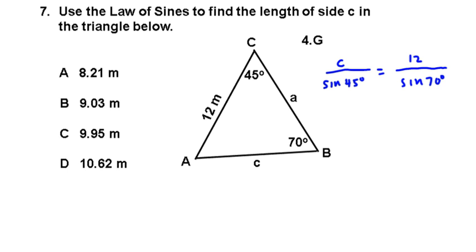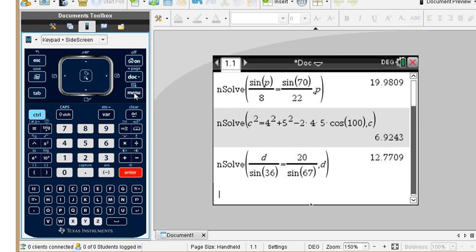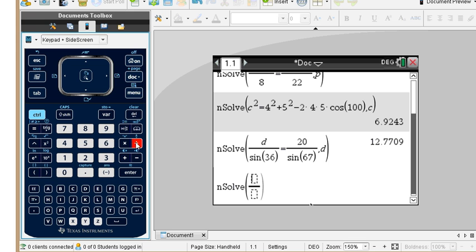Okay. So we go to our calculator again, menu 3-1. For this, we have C over sine 45 degrees equals 12 over sine 70 degrees.